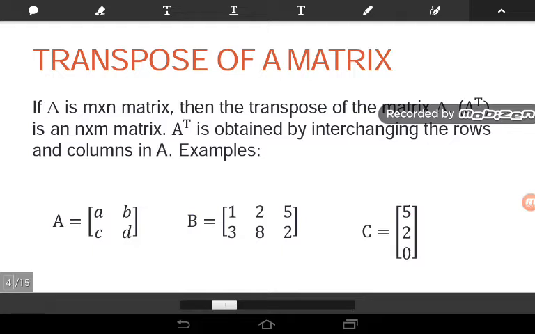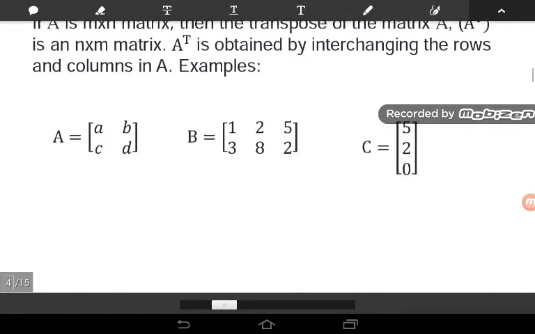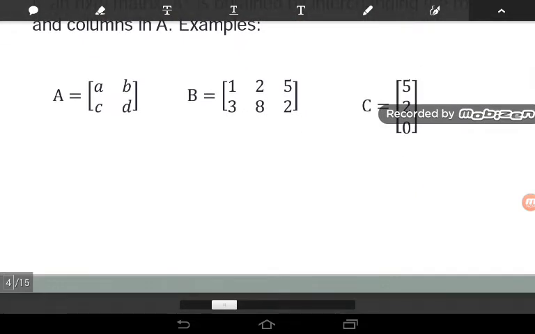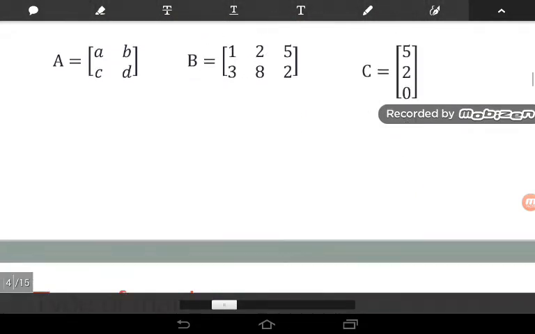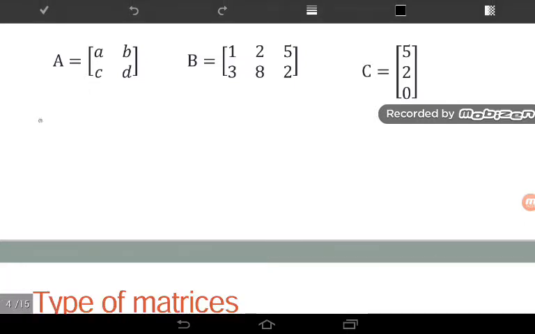The transpose of matrix A is obtained by interchanging the rows and columns, so rows become columns and columns become rows. For example, matrix A.